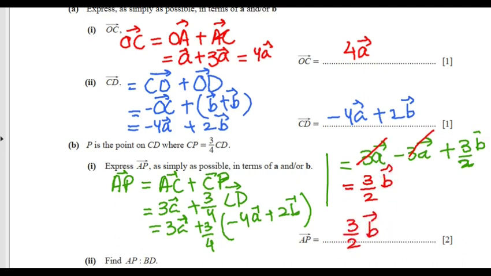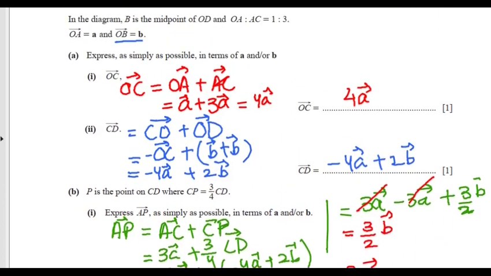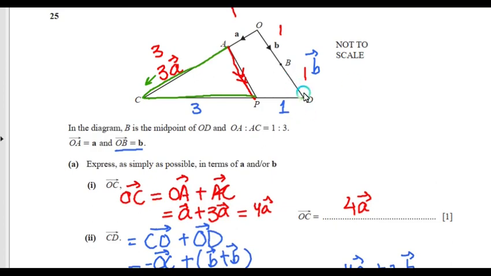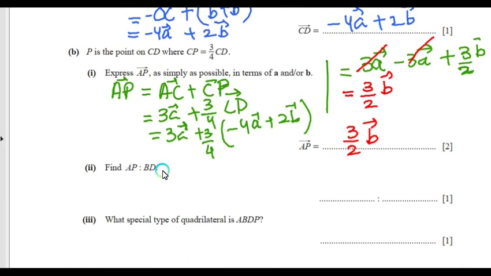So we can write it as 3/4 CD. And CD we already know. So 3A plus 3/4 as it is, and CD will be replaced by negative 4A plus 2B, right?